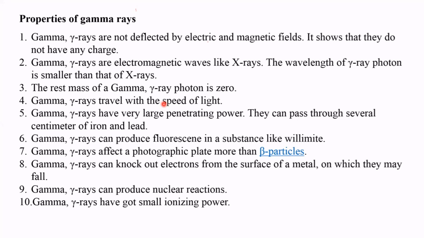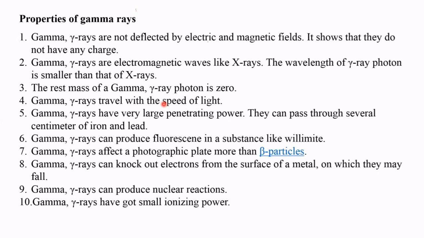Next, similar to X-rays, the mass of gamma rays is zero. The mass of a gamma ray photon is zero because the ray is nothing but a bunch of photons. Light energy is in terms of photons, so the photon's mass is zero.